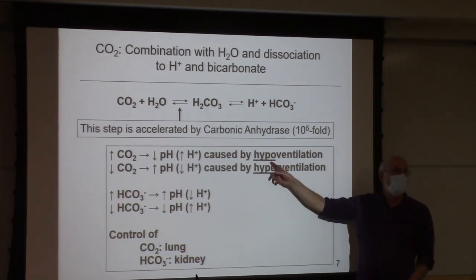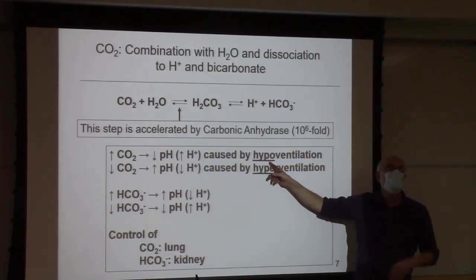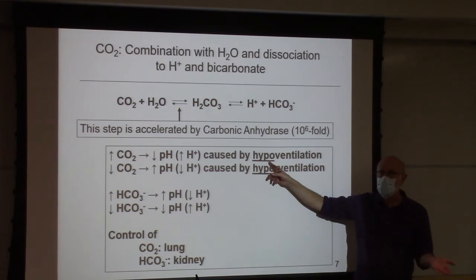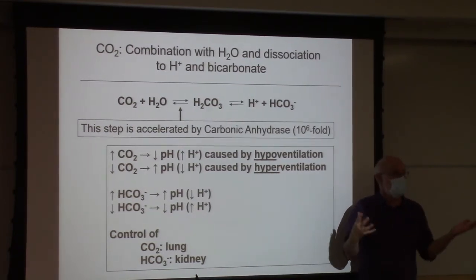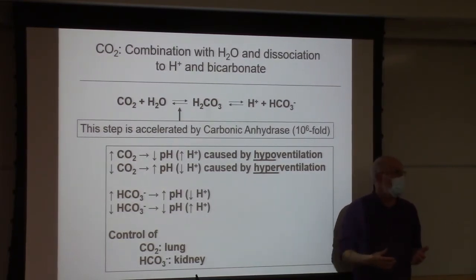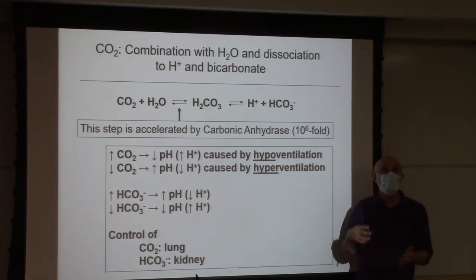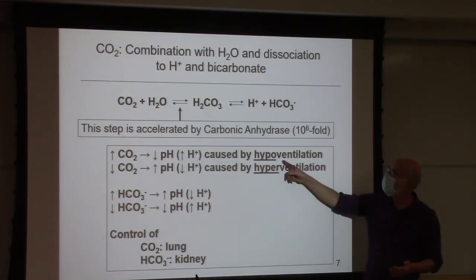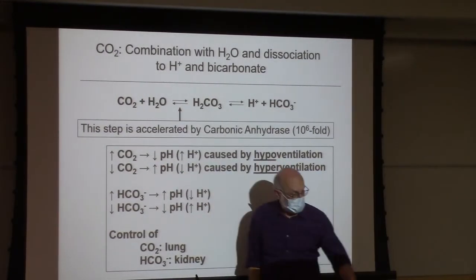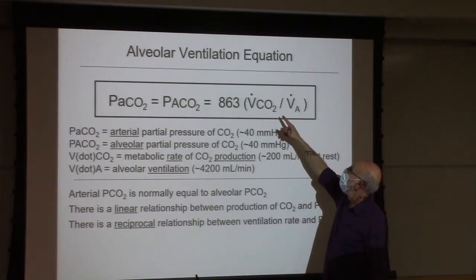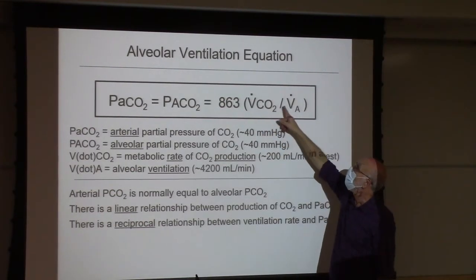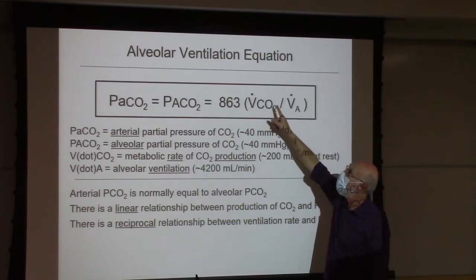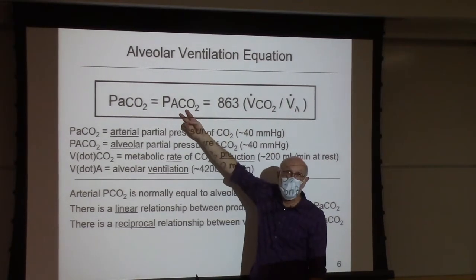That would be hypoventilation, low ventilation for the needs of the body under those conditions. You would build up CO2 because your metabolically active tissues are churning out CO2, but you're not ventilating it. So if we're making a lot of CO2 and we're not ventilating it, this number goes up.